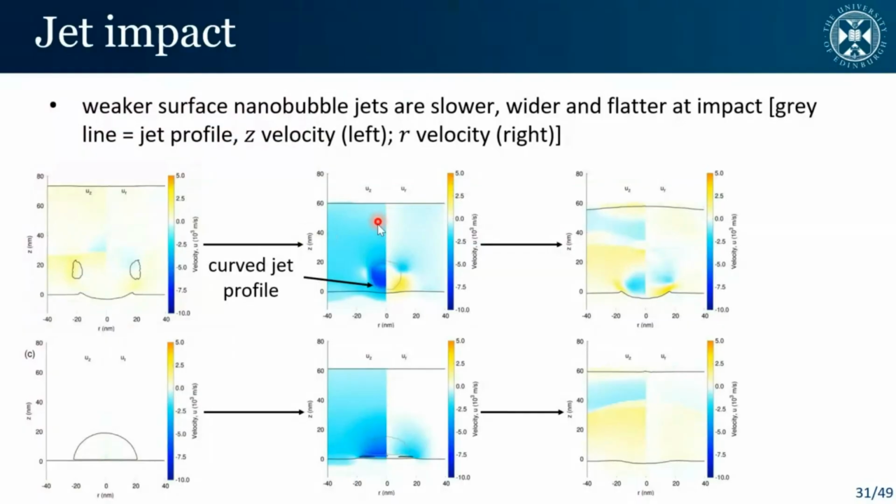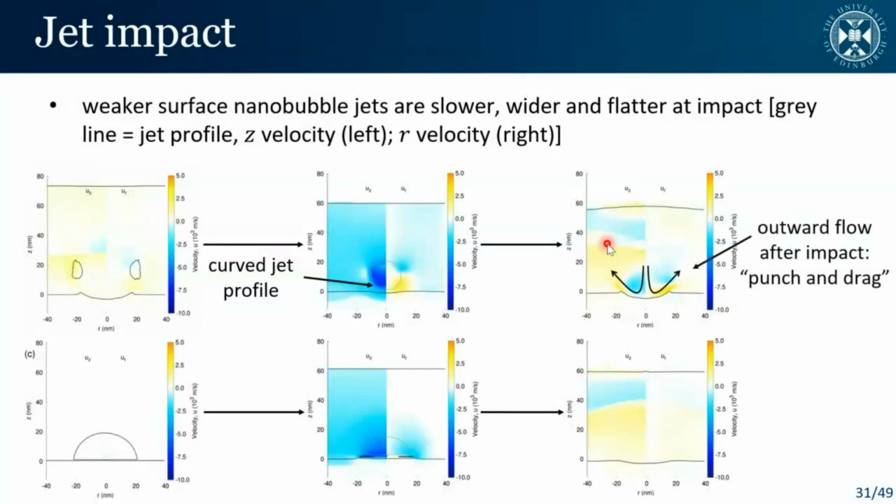And what we notice is that the jet forms, we have this high velocity moving down towards the bubble, but also this recirculation of flow around the bubble that results in this curved jet profile, which when it impacts the surface, pushes out again afterwards, and we get this sort of punch and drag motion where the rotational momentum of the fluid is conserved and moves outwards again.